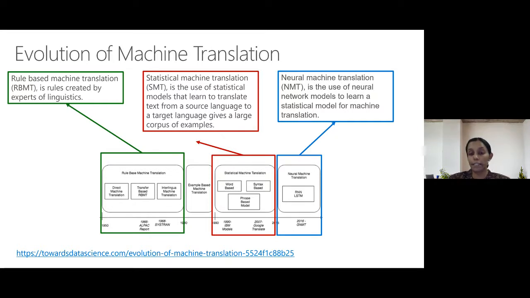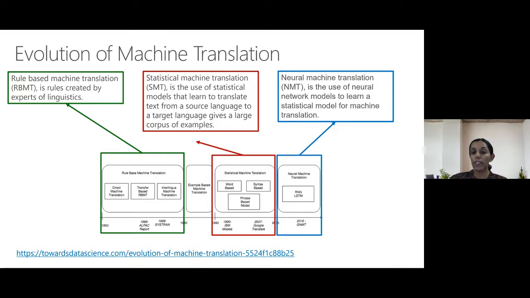Now, over the last 5 years, there's been a lot of work done in neural machine translation. That's where you hear of recurrent neural networks, RNN, LSTM, long short-term memory networks, etc. Neural machine translation, or NMT, is the use of neural network models to learn a statistical model for machine translation.